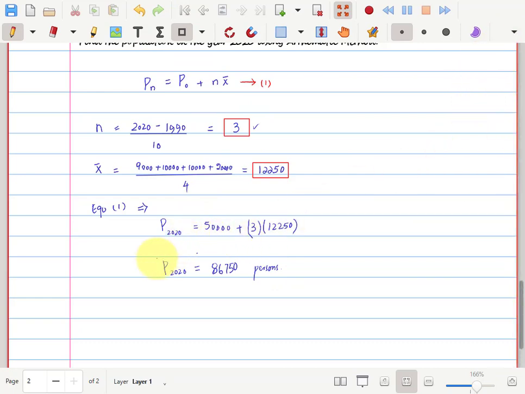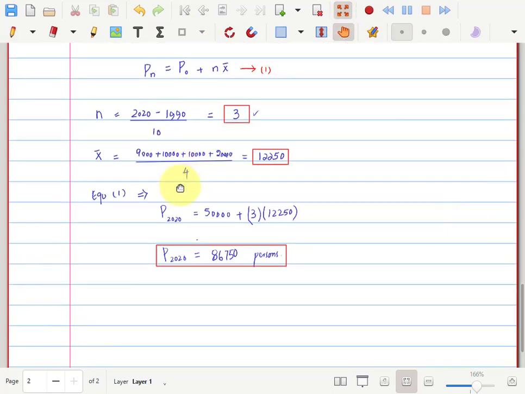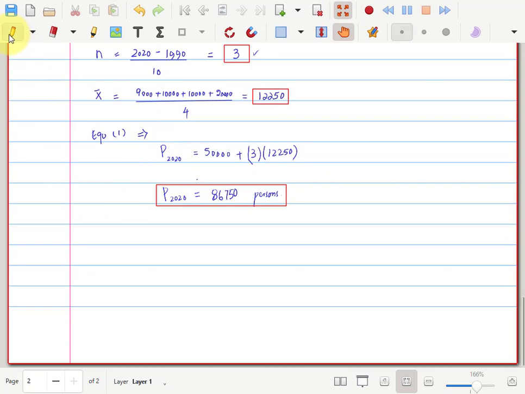Got it? So both the problems were based on the arithmetic method. Now let's move to the next method. Before moving to the next method, we must know why there is the need of another method.